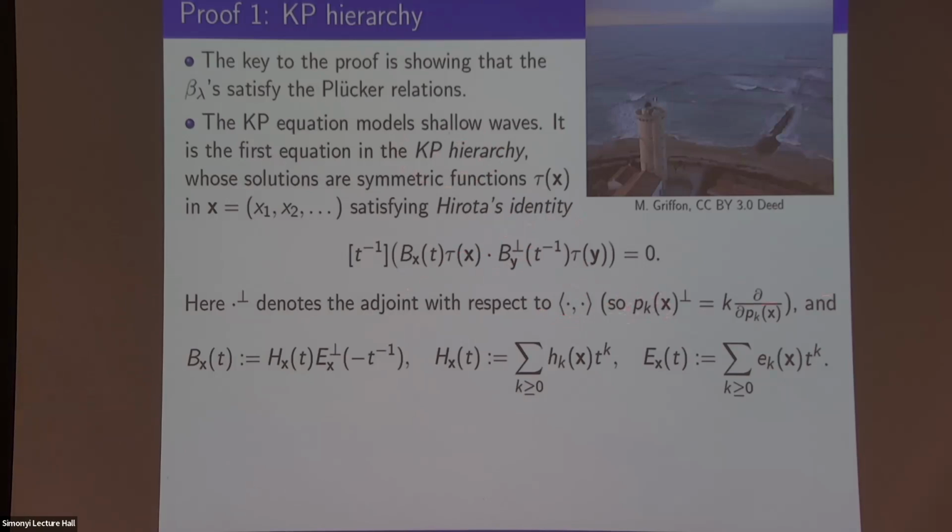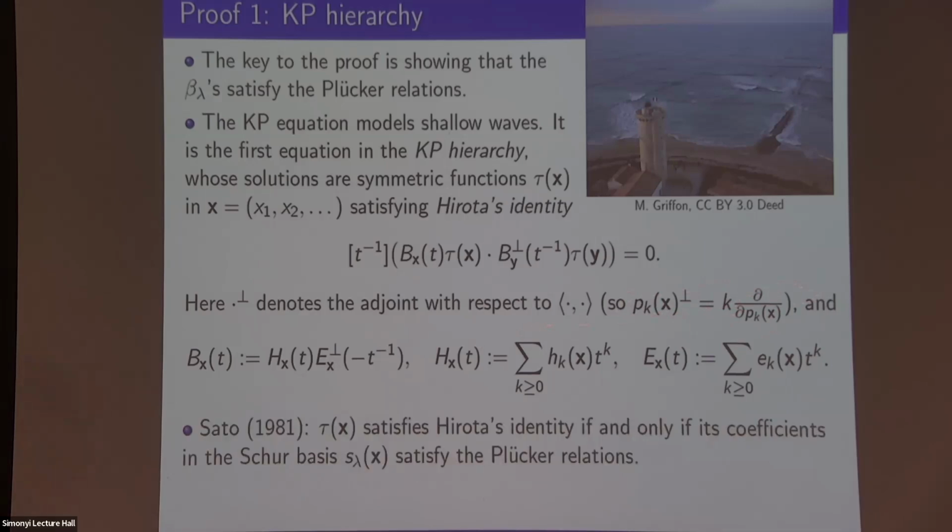These are called power sum symmetric functions, which are the sums of x1 to the k plus x2 to the k plus x3 to the k and so on. The adjoint of multiplication by p_k is k times differentiation with respect to p_k. So that's how we get differential operators coming out of this.